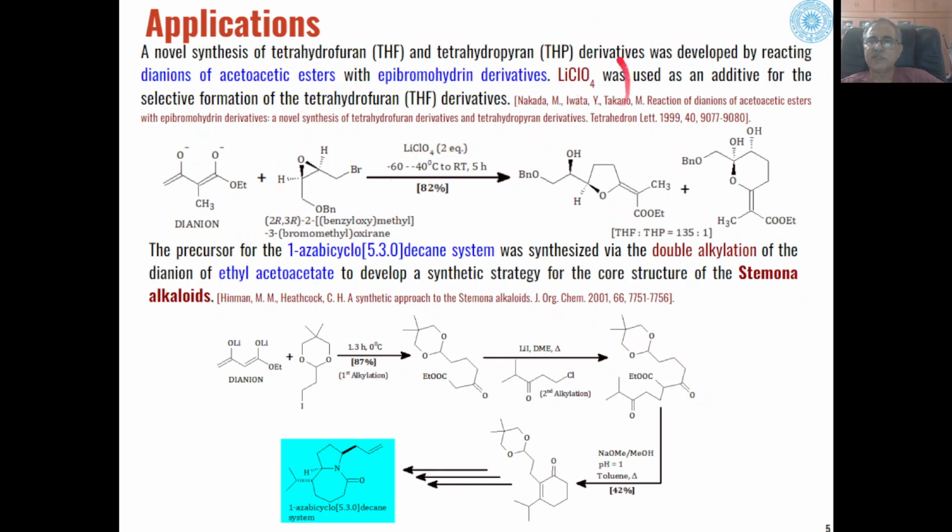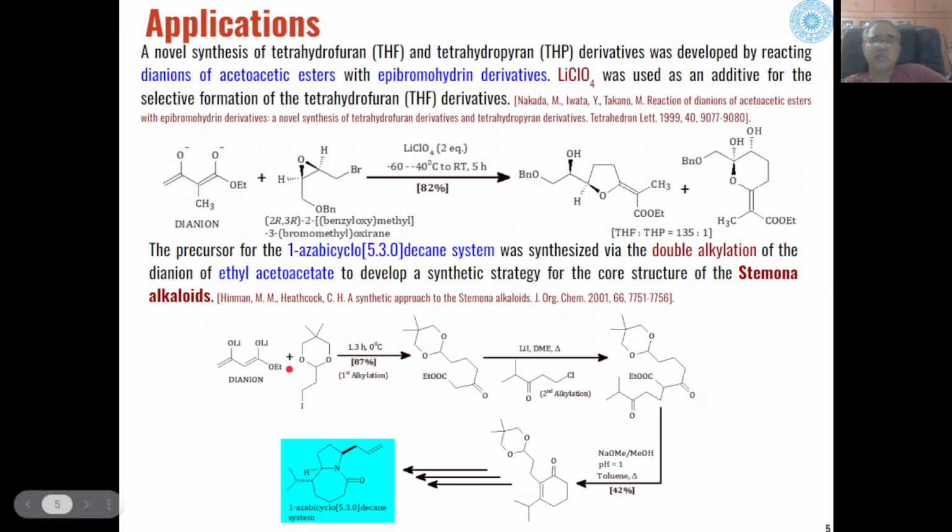And here the base used is lithium perchlorate, and two equivalents are used, that means an excess is used, which will create a dianion, and this dianion will either add on to this C4 carbon and we will get these types of products, or it will add to the C2 carbon followed by cyclization and we will get a tetrahydropyran derivative. So a mixture of tetrahydrofuran and tetrahydropyran derivatives will form.